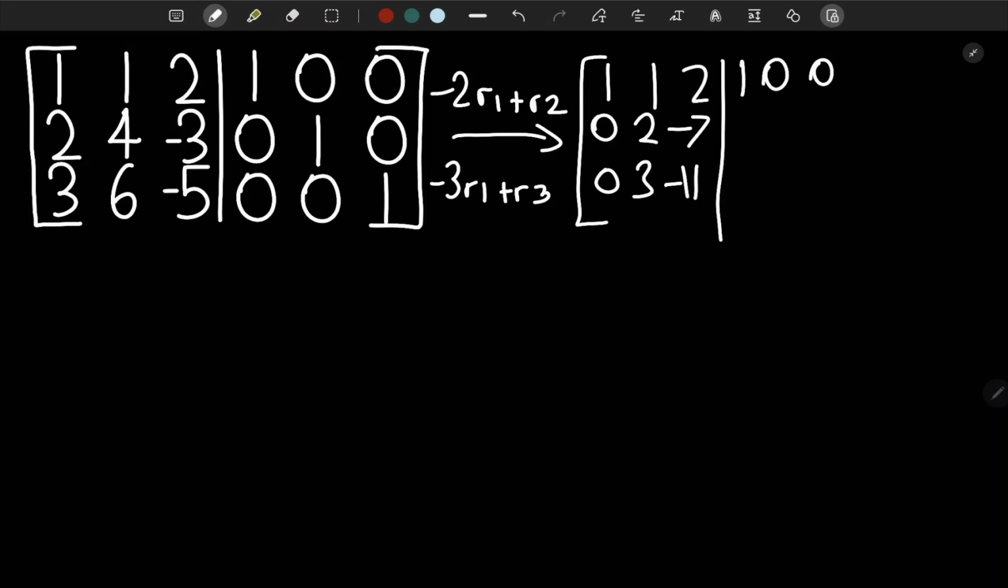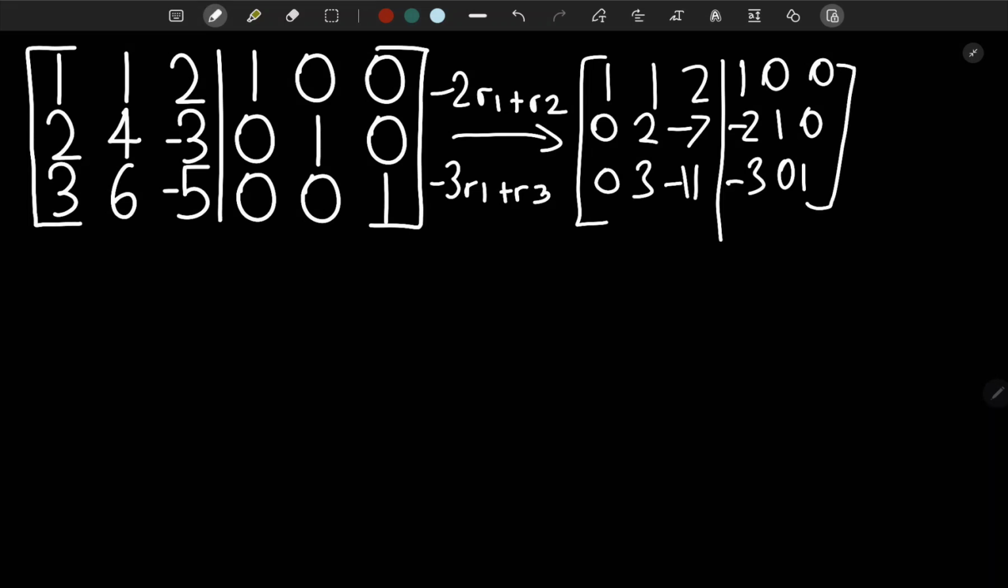So here it will be minus 2 r1 plus r2, so 0 minus 2, so minus 2, and here we have just 1, since it's a 0 over here, and then 0 in the last one also stays the same. And over here we will do the same thing, so minus 3, since it's going to be minus 3 r1 plus r3, and the others will stay the same.